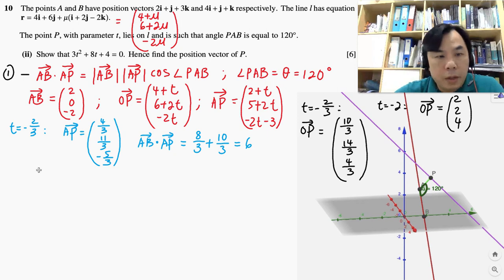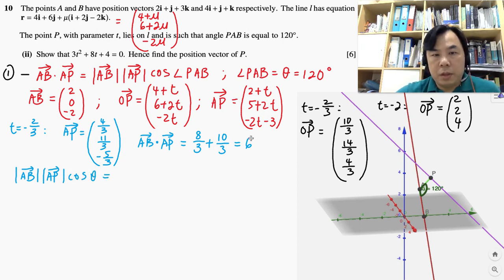And then next, on the right-hand side of this equation, we have cos theta, which is actually equal to 6 in this case.